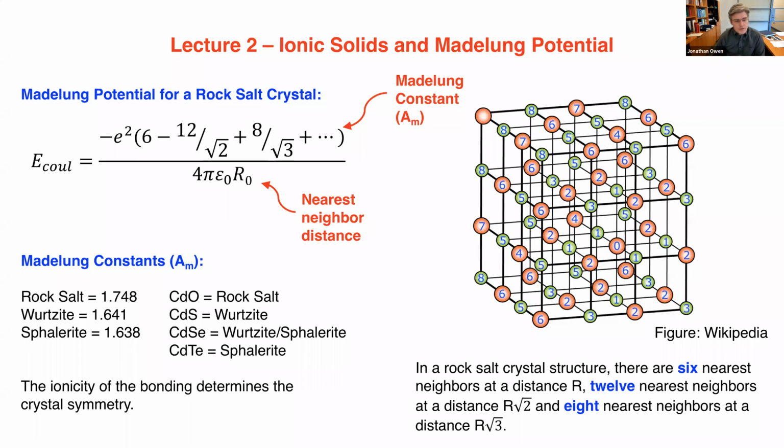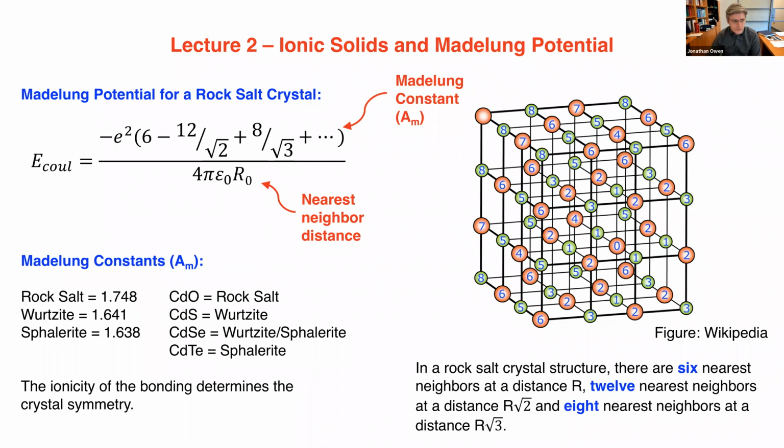If you add up all of those interactions, you get something called the Madelung potential. This is the Coulomb potential for that arrangement of ions in the gas phase, so in a vacuum. And that's why the dielectric constant in this expression is the gas phase dielectric constant.